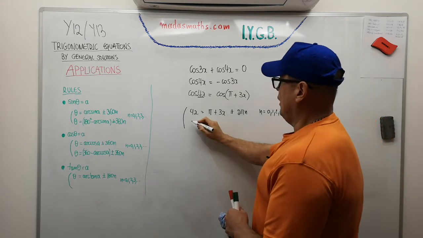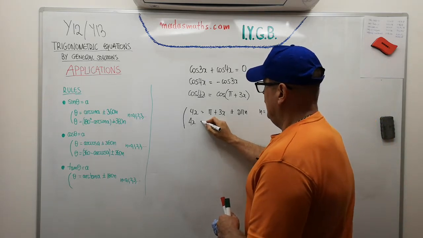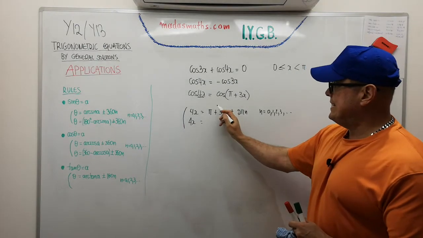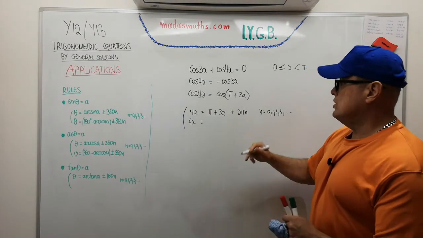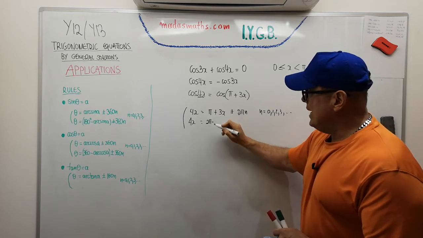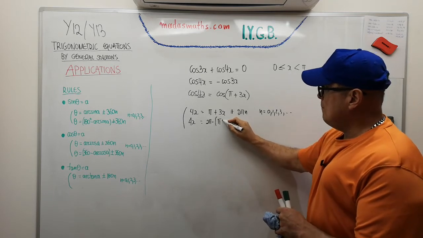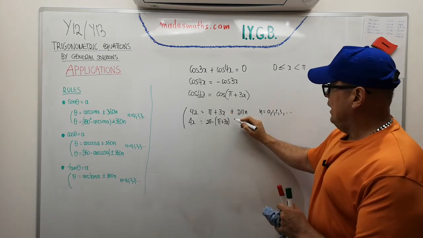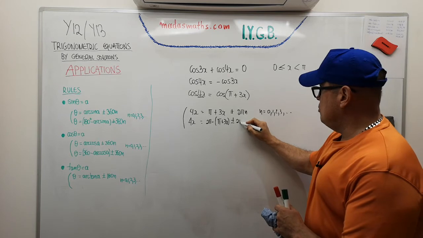And the secondary for a cos, if we look at what it says in there, it says 360 minus the arc cos. So 360 minus this, or rather 2 pi, I'm going to write it in full: 2 pi minus bracket pi plus 3x, and of course it will repeat every 2 pi n.